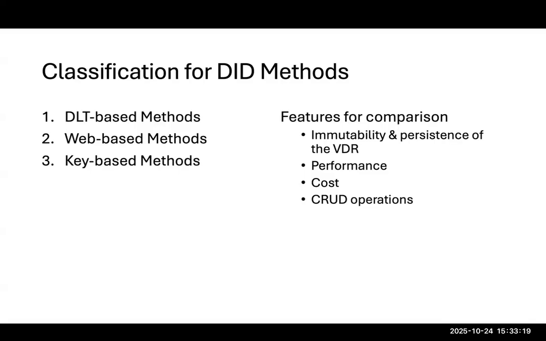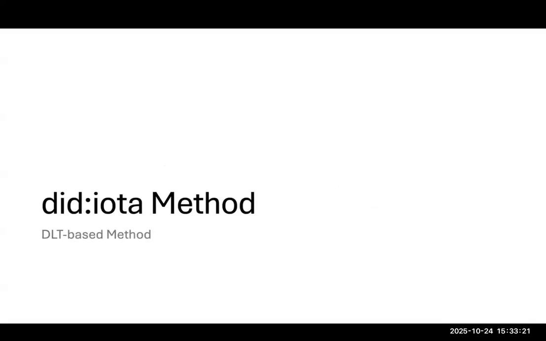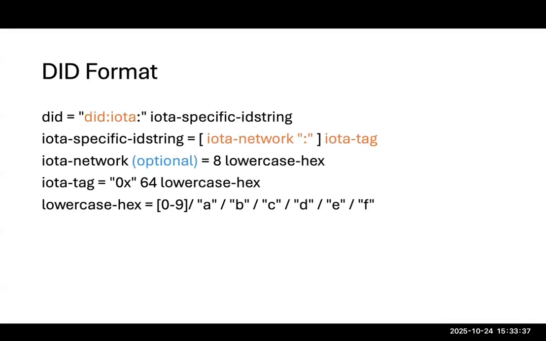So those are the different features or performance indexes that we will consider to compare the three solutions. Now, for the DLT-based method, I selected the DID IOTA method. The IOTA Foundation, which is behind the specification and implementation of this DID method, is developing the IOTA Identity framework.